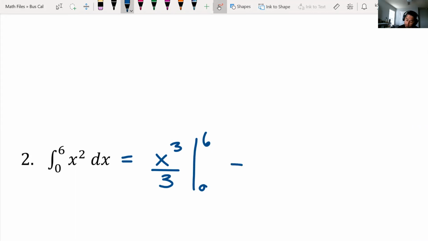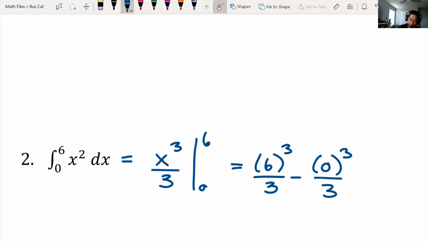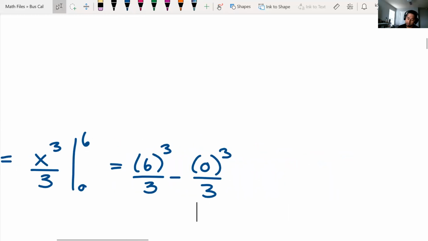So this will become 6 cubed over 3 minus 0 cubed over 3. And 6 cubed, I think that is 216. Yeah, you'll get 216 over 3.